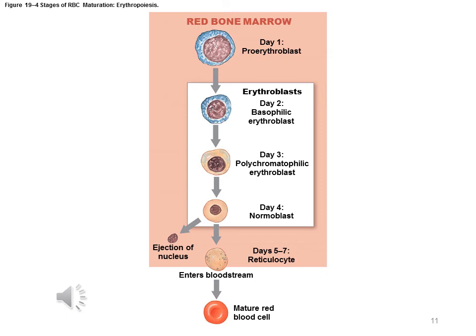It starts with a proerythroblast and it finishes with a reticulocyte. The reticulocyte does not have the nucleus, and that is what forms into your mature red blood cell that enters the bloodstream. So don't get hung up on the names. Remember, reticulocyte, that's what's going to turn into your mature red blood cell.